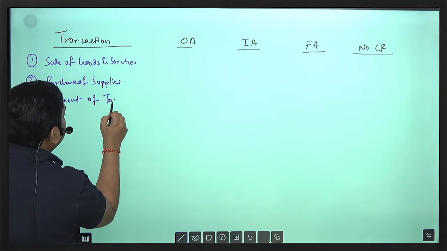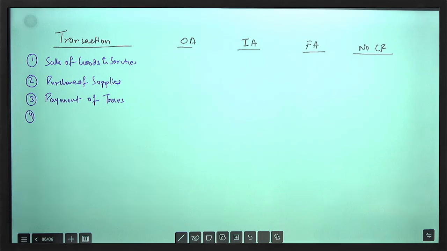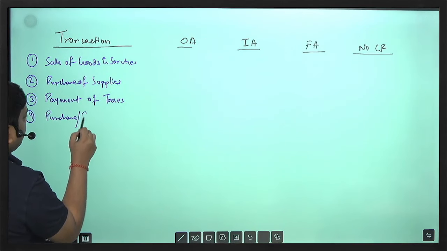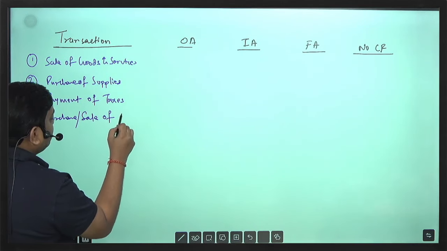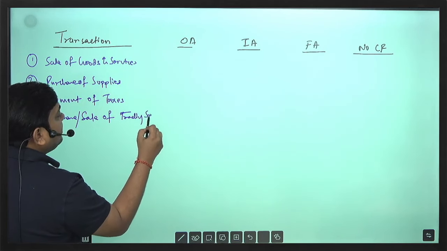Payment of taxes. Purchase or sale of trading securities.